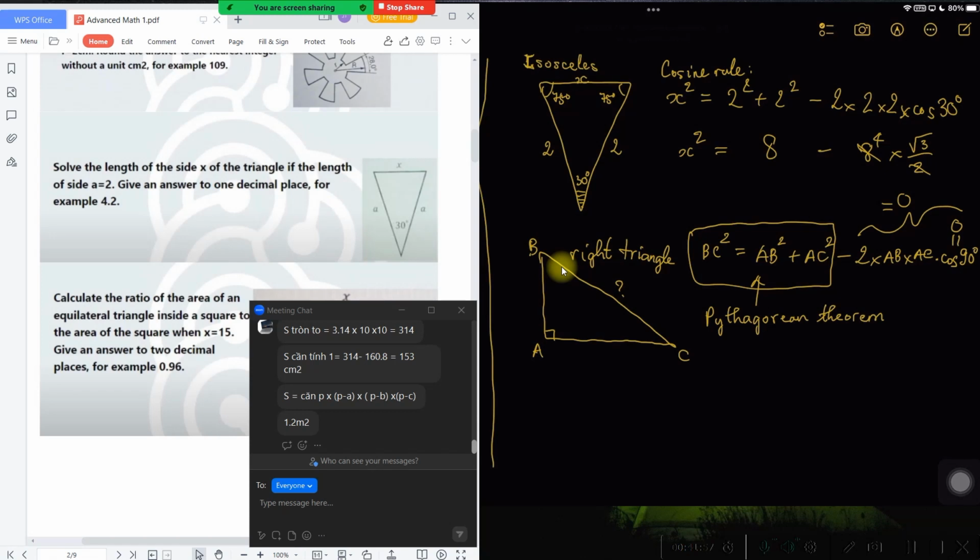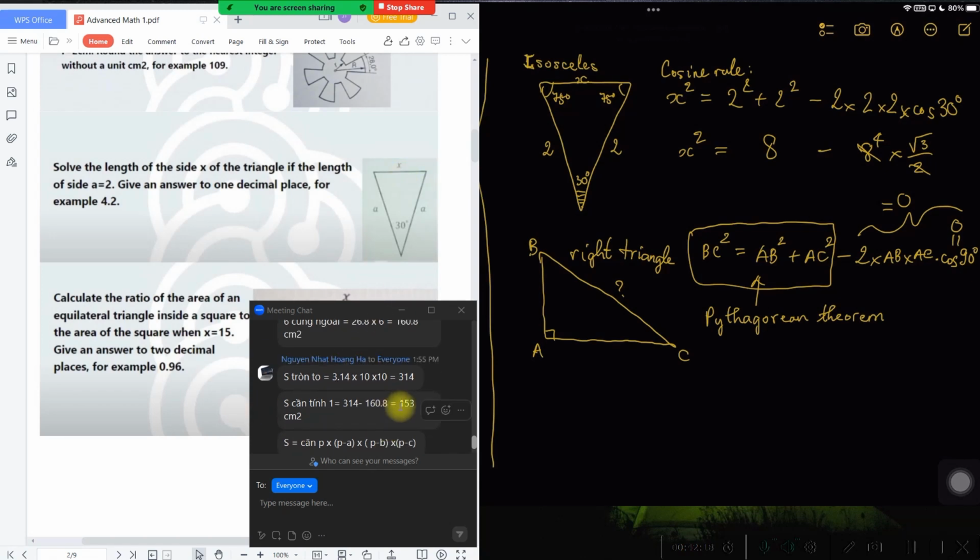Alternatively, for this triangle, we bisect the 30-degree angle, then calculate the height and the base. We only need to calculate x, and the rest is given. Well, what do they ask you? They only ask you for the x, isn't it? Yeah, I think your way also works too.